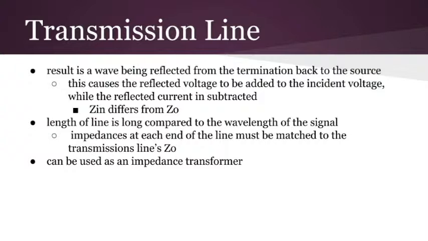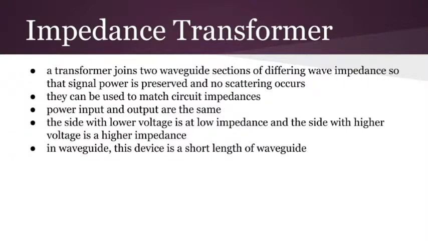So at the input to the line, the reflected voltage is added to the incident voltage, and the reflected current subtracts because the wave is traveling in the opposite direction from the incident current. It joins two waveguide sections of different wave impedances, so signal power is preserved.